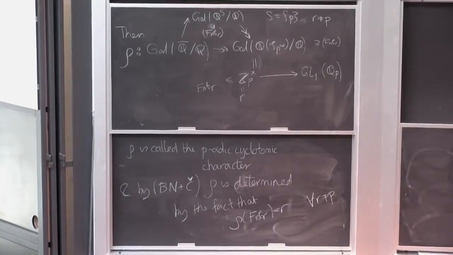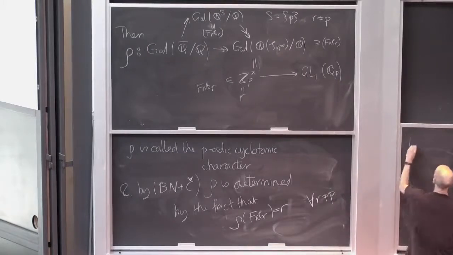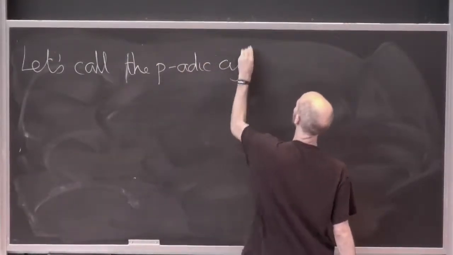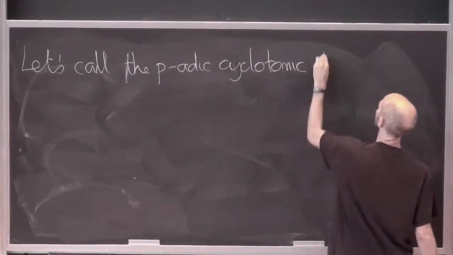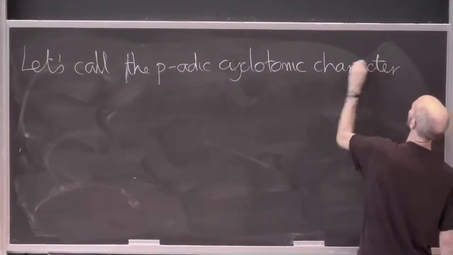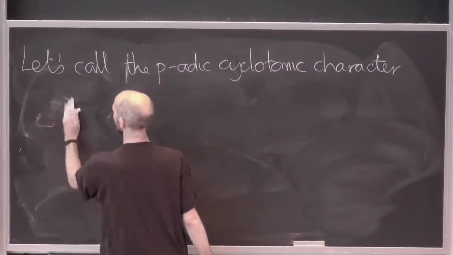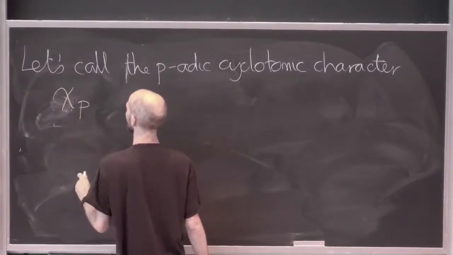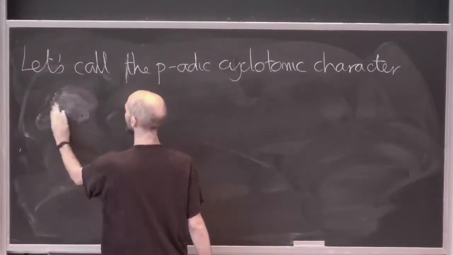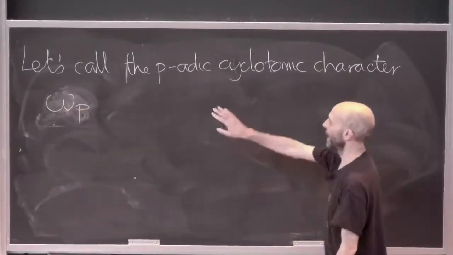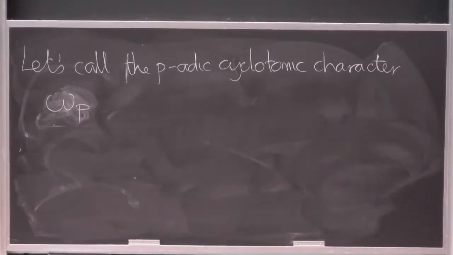I need notation for the p-adic cyclotomic character. Let's call it omega p.